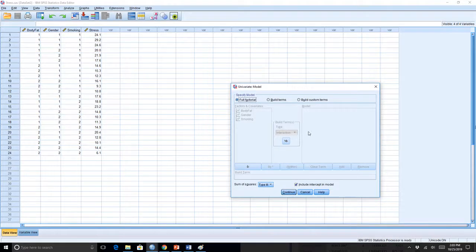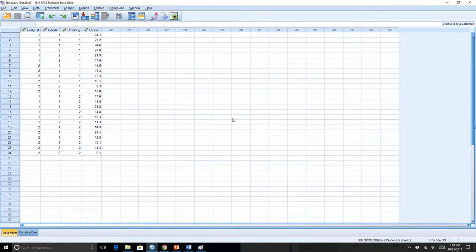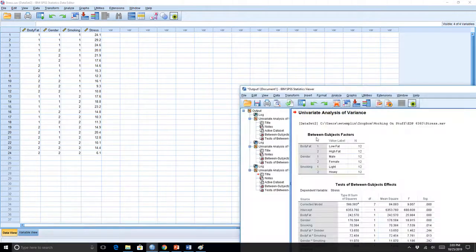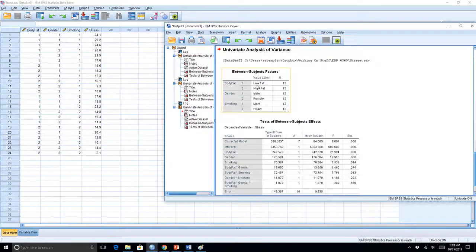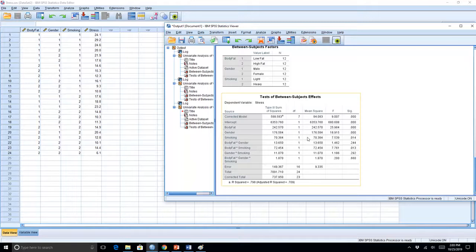And actually, sometimes it's easier. We're going to run it, but I'll show you how to put in the full factorial. Let me just run it. There. Okay. So at this point, do not run any of the post hoc procedures or anything because we want to minimize the output we have to look at when we're doing the model fitting.